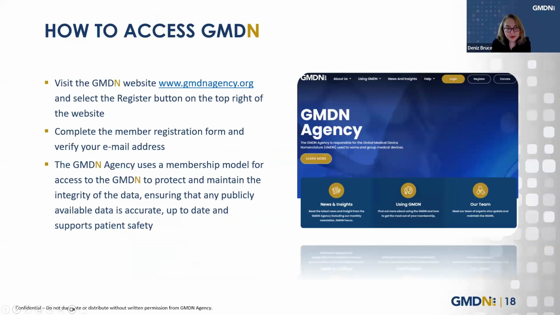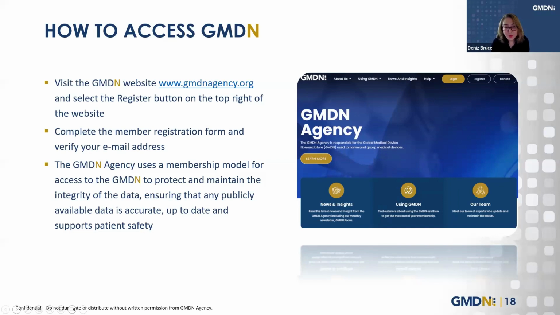We talked about access to GMDN at the very beginning. It's so easy. Please reach out to us. On our website, you can register easily and find your membership type if you're from the NHS, a national healthcare system, a regulator, a medical device manufacturer, or a conformity assessment body.